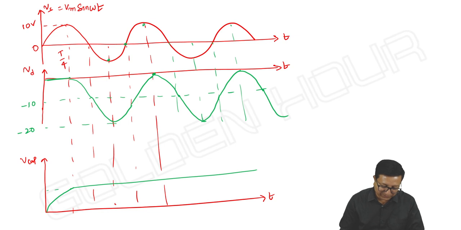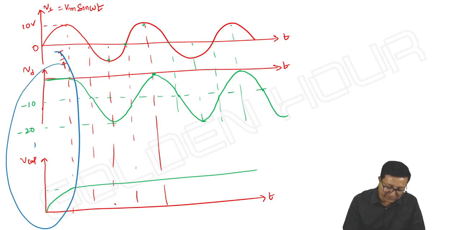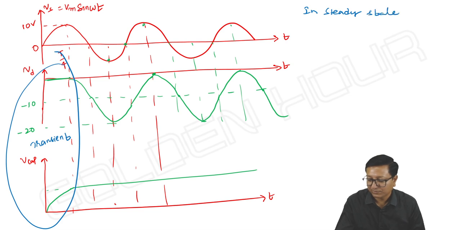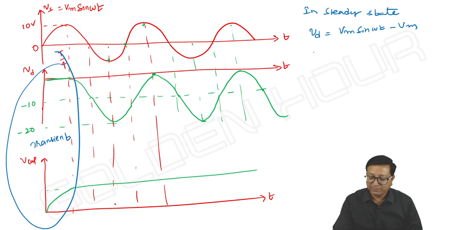Anyway, we are well aware of the transient response, the transient state. This portion is transient. Removing the transient, in steady state, here I am writing Vd is equal to Vm sin omega t minus Vm, and V capacitor or V output, what do you get?